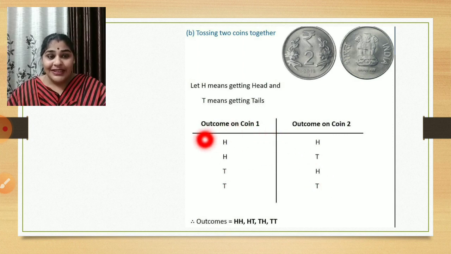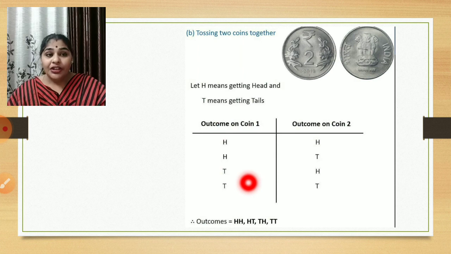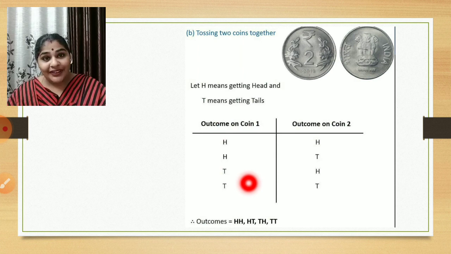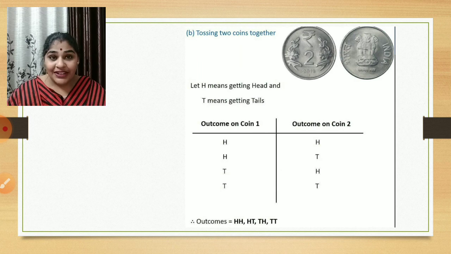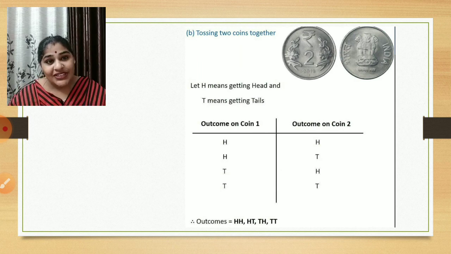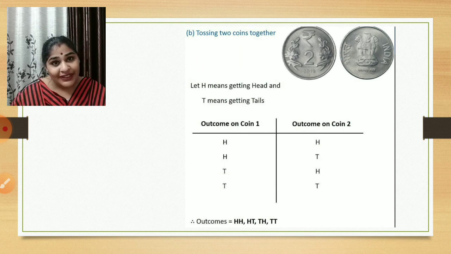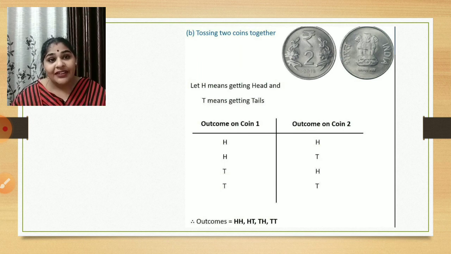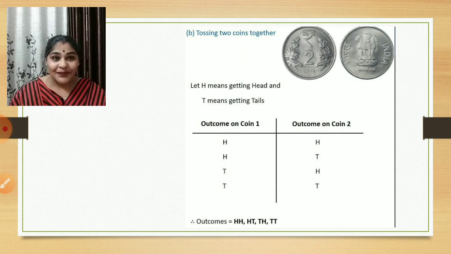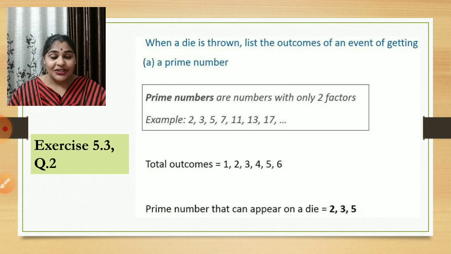Now these are the four possible outcomes which we can get when we toss two coins together. So hence the final answer, you will write outcomes are HH, HT, TH, TT, and in brackets you can mention where H means head and T means tail. I hope this is clear, children.